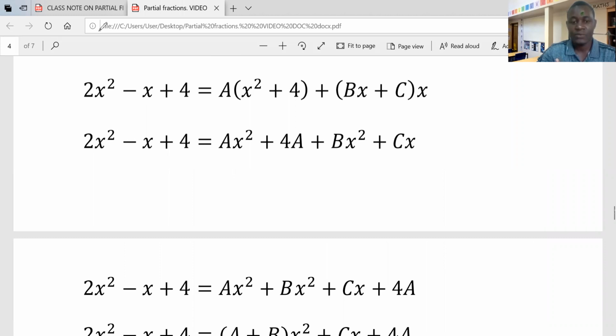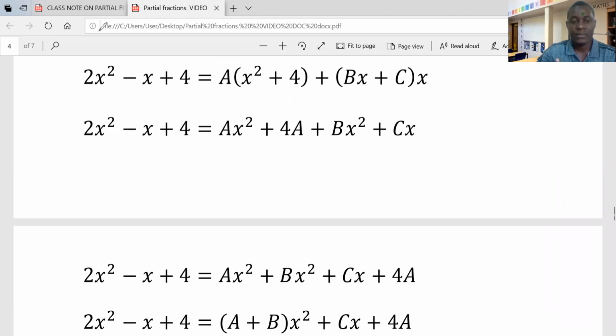power of x. For example, we have the 2x squared term on my left-hand side, exactly the same thing as this one here.